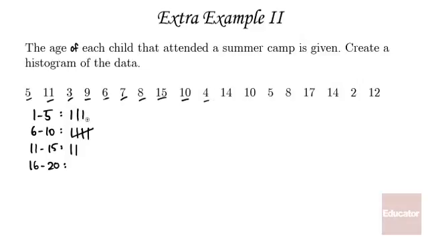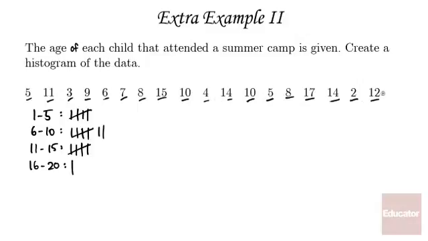And then 4 in there. 14, 10, 5, 8, 17, 14, 2, 12, then 12 right there. So I have 18 numbers total. 1, 2, 3, 4, 5, 6, 7, 8, 9, 10, 11, 12, 13, 14, 15, 16, 17, 18.